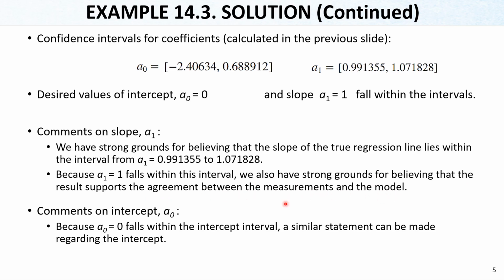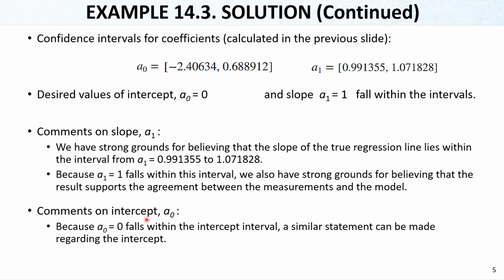So this is basically a statistical description of this result. Because this is in between, statistically we are confident that our model is good according to the results. This confidence is based on 95% confidence, or the 0.05 significance level.